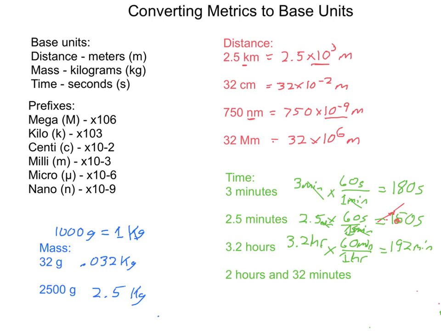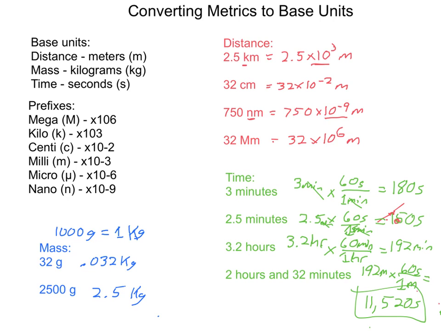I've got to get from minutes down to seconds. So 192 minutes, sorry for running out of space here, times 60 seconds per minute. Whenever I multiply there, I come out with 3.2 hours has 11,520 seconds in it as the answer.